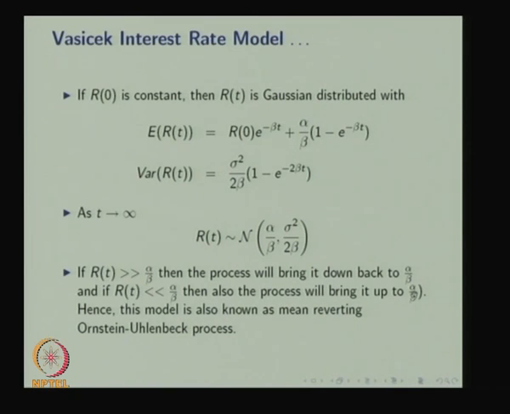Because of this property, if R of t is much higher than alpha by beta, the process brings it back down to alpha by beta. If R of t is much lower than alpha by beta, then also the process will bring it up to alpha by beta. Therefore, it's called a mean reverting OU process.